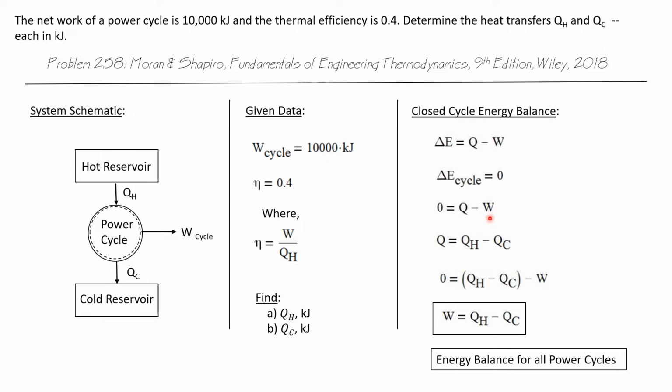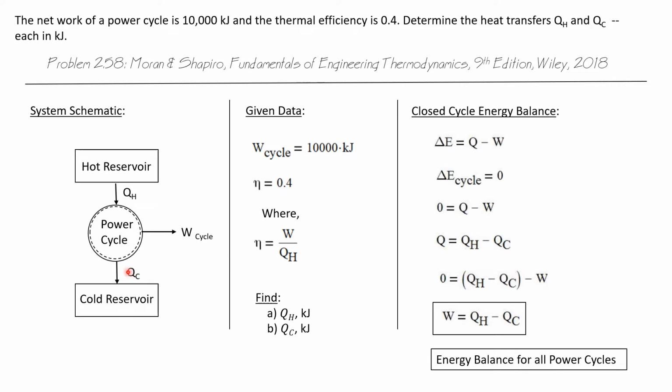Well, Q is really the sum of all the heat transfers. We have two heat transfers passing energy across the boundary of this power cycle. We have Q sub H and Q sub C. So Q is really the sum of those. But when we sum them, we've got to consider the directions of the energy transfer. So we see that Q sub H is transferring energy via heat transfer into the power cycle, so Q sub H is positive.